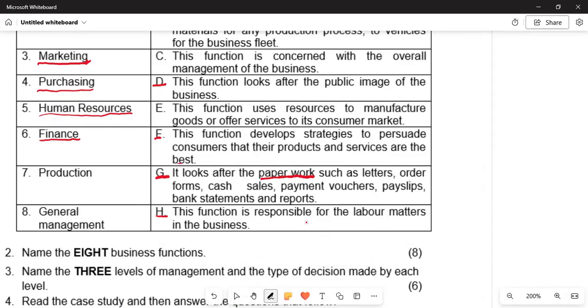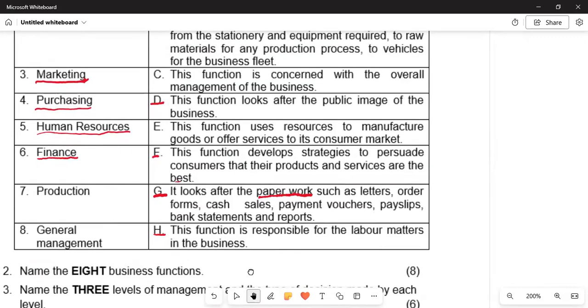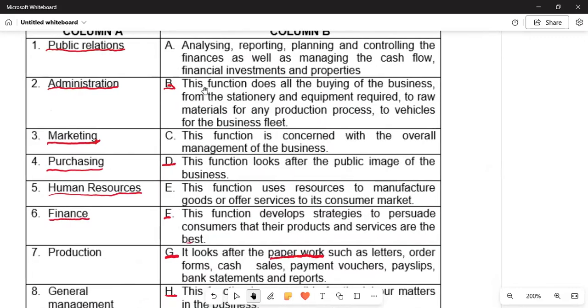So let's go to A and see if it matches with that. It says analyzing, reporting, planning, and controlling the finances, as well as managing cash flow and financial investment and properties. So that is the correct answer.